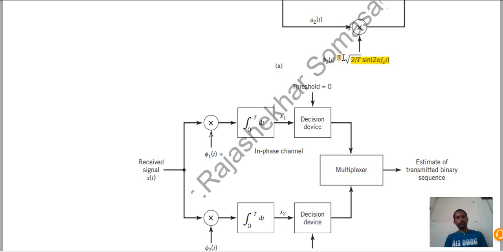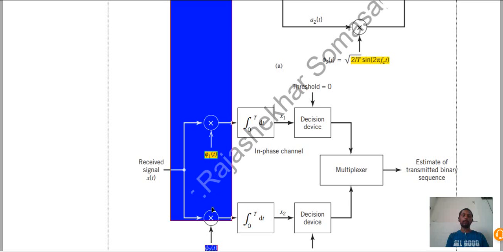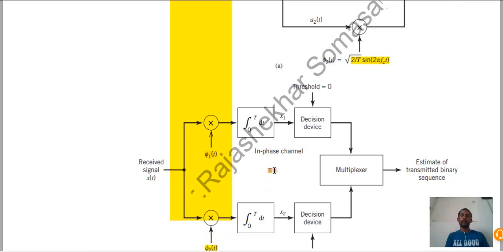We will consider the received signal as x of t, and we are using two oscillator frequencies, or two orthonormal basis functions, or two product modulators, that is phi 1 of t and phi 2 of t, because it has two dimensions.